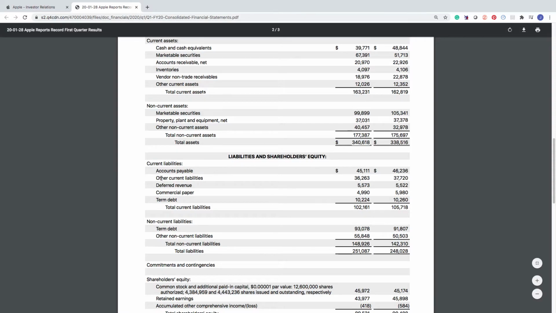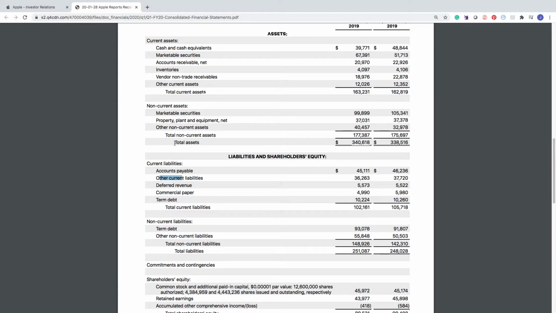Other current liabilities is again a similar item to the ones that we've discussed above, where a lot of different liabilities that Apple owes have been lumped together. Now, typically, what the other current liabilities includes can be a bunch of different items like taxes, which are not immediately due but will be due in the next 12 months.